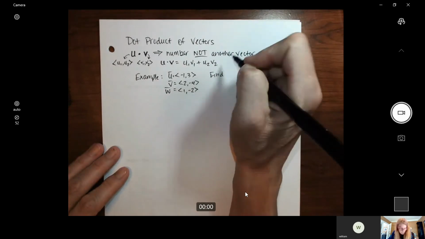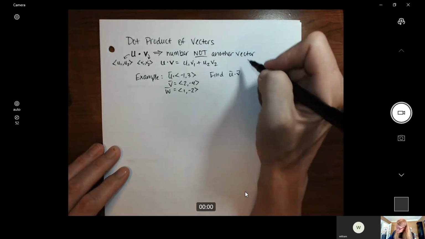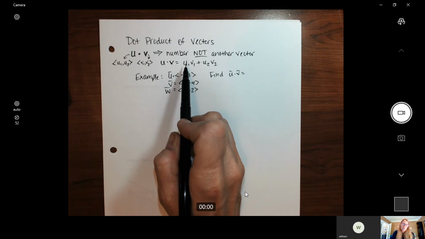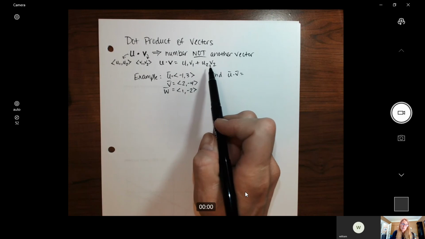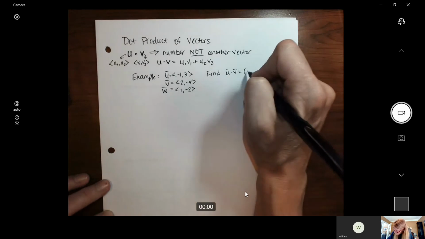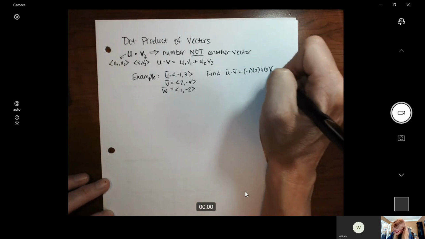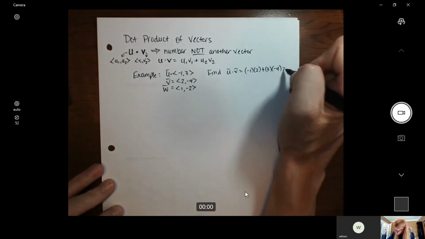So find, first of all, u dot v. Following this method, you take the first components of both vectors, multiply them together, then take the second components of both vectors, multiply them together, and then add those products. So in this case, we would have -1 times 2 plus 3 times -4, and we would get -14.